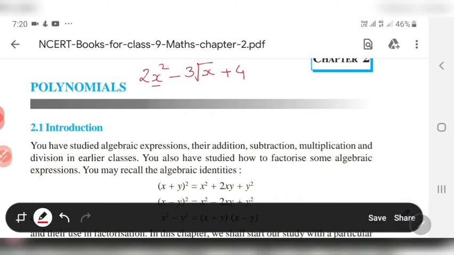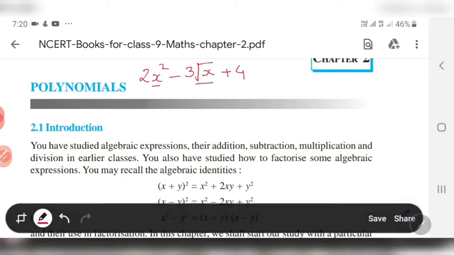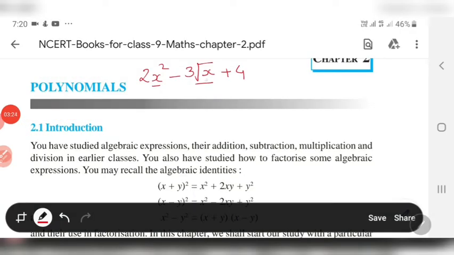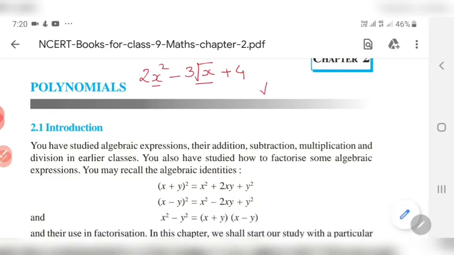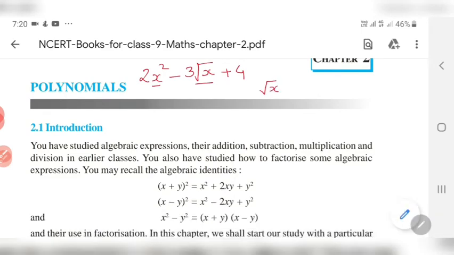That is 2. So 2 is a whole number. On the other hand, you see it is given root x. So here you can see it is given root over x. Now we know that the root value is half. If it is given root x, its value is what? x to the power of 1 by 2.